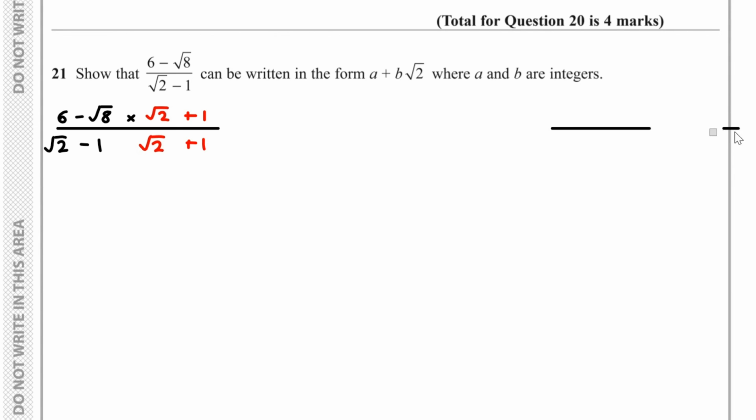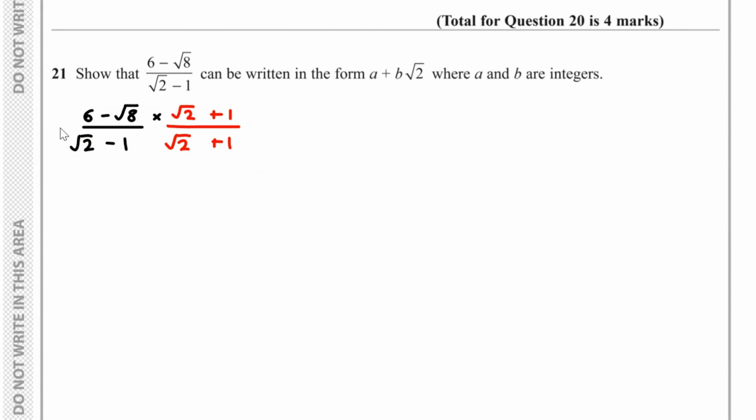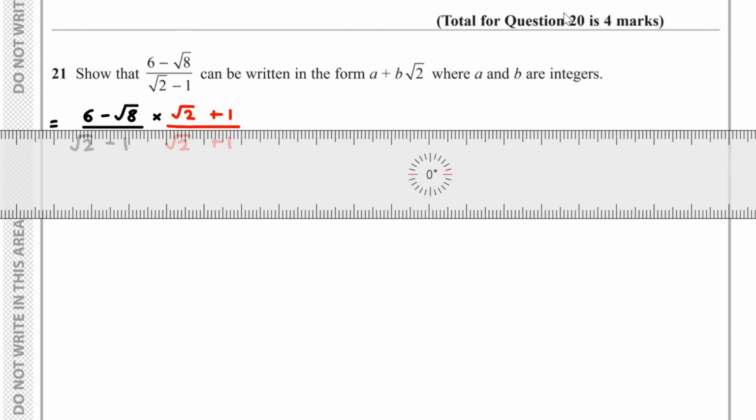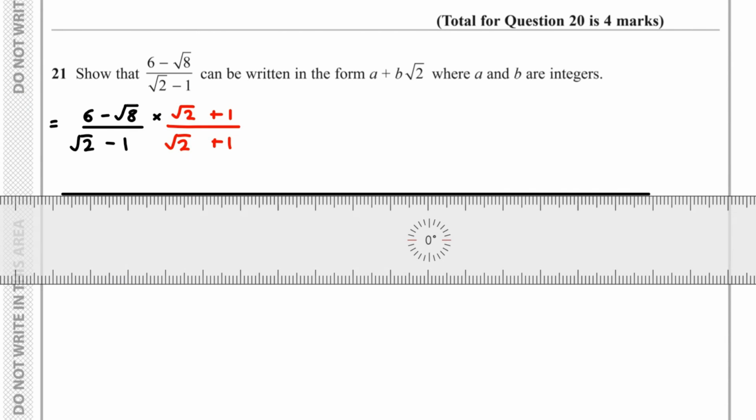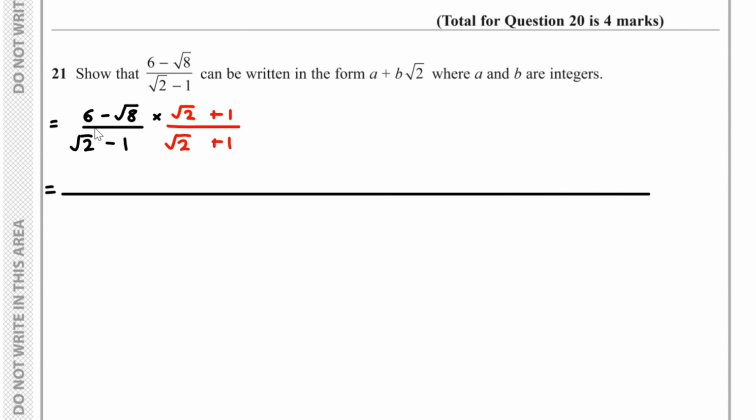Okay, so now our job is to work all of this out. So what we've just done here is multiply the top and bottom by root 2 plus 1. Working this out, we have here 6 times root 2, that's 6 root 2. And then we've got 6 times 1, that's 6.